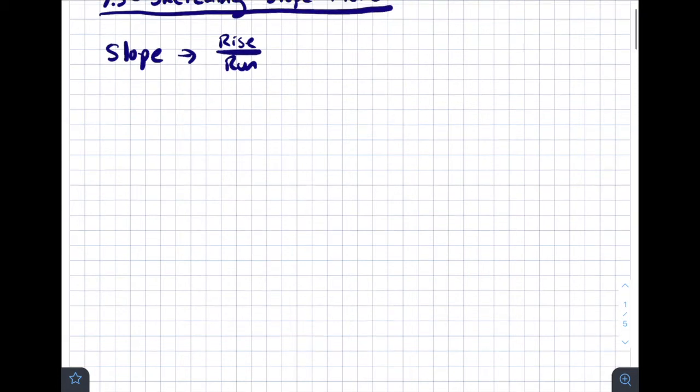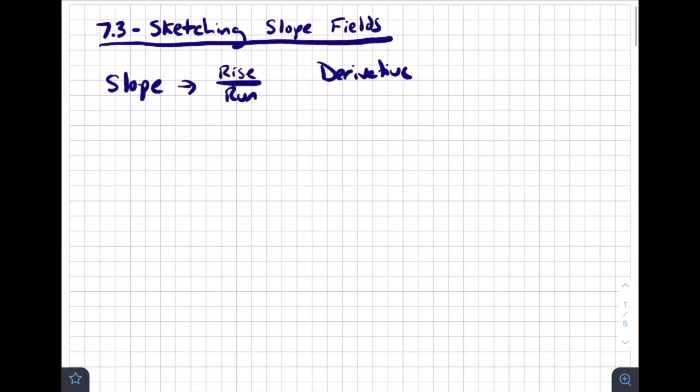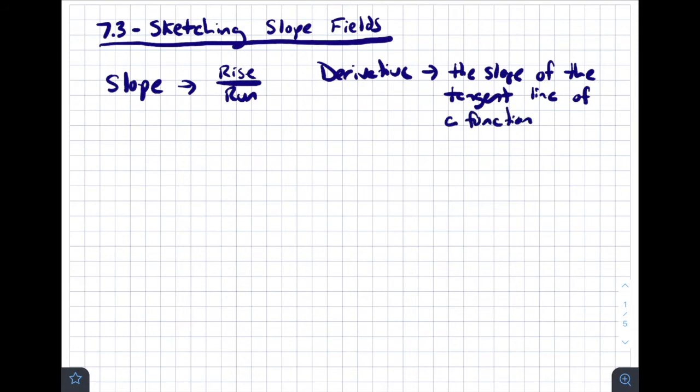Now in this class in calculus, we've learned that there's this thing that's called a derivative, and we know that from chapter 2 that the definition of a derivative is the slope of the tangent line of a function at a given point.